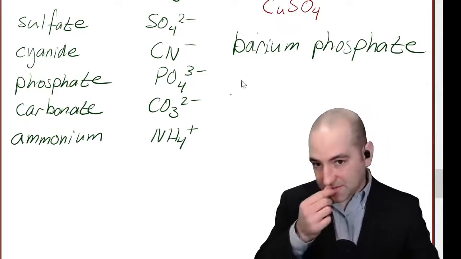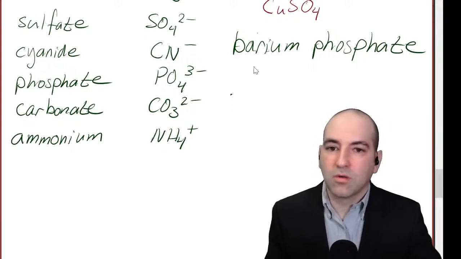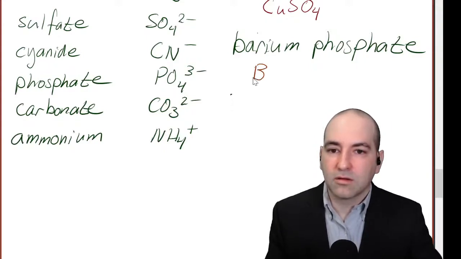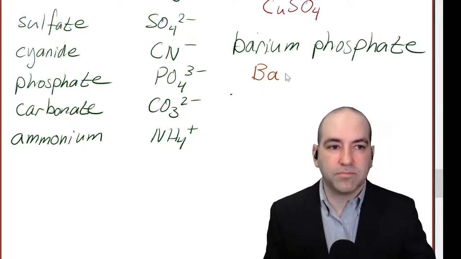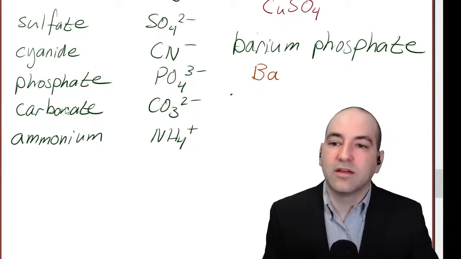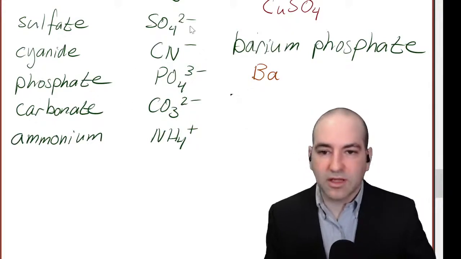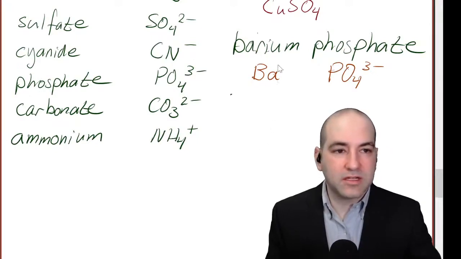All right, so for barium phosphate, we're going to do the same thing. We're going to first write our symbols. So we get barium, Ba, from the periodic table. And then phosphate is in the list. So it's not phosphorus, it's not P, that would be phosphide, it's phosphate. So we look at the list and we write down PO4 3-.